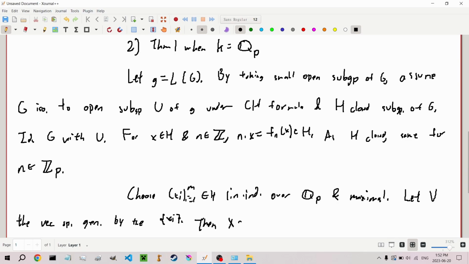Then x has to lie within V, since otherwise our xi would not be maximal.